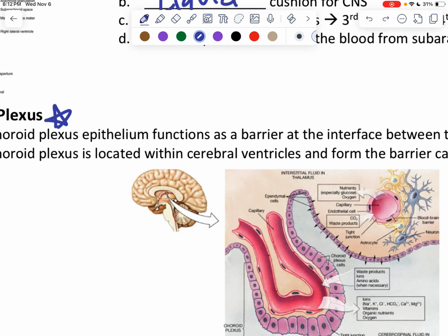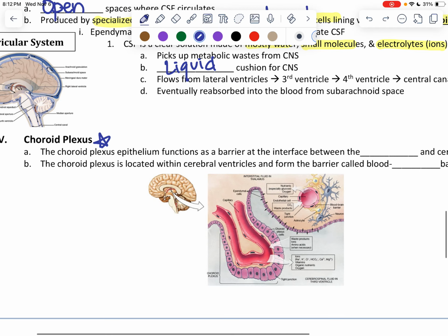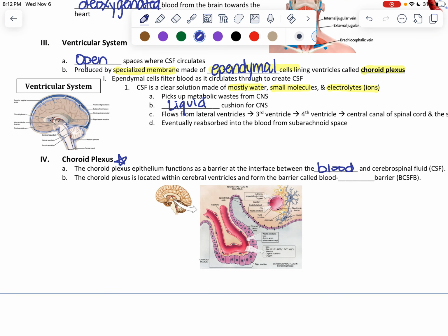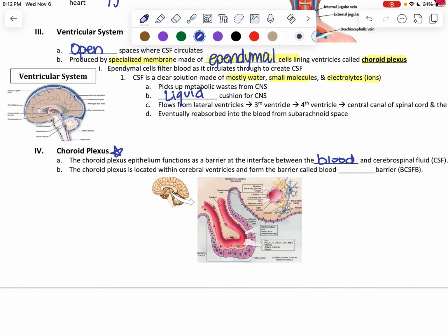If we zoomed in on this special tissue at the surface level, this is what it would look like. It functions as a barrier at the interface between the blood and the cerebrospinal fluid. So it's at the blood-brain barrier.